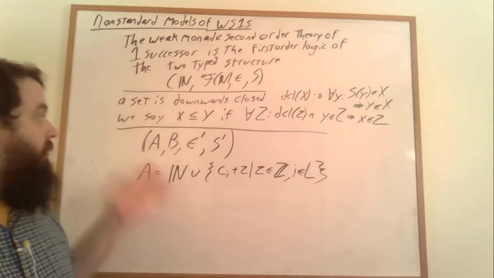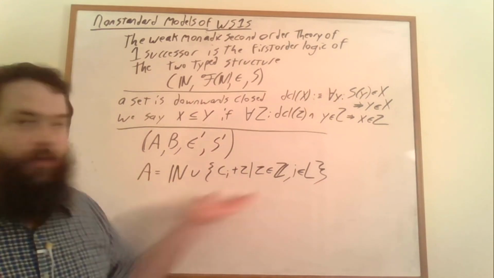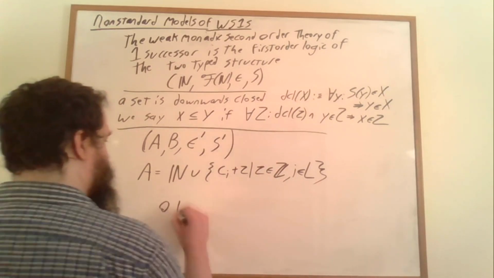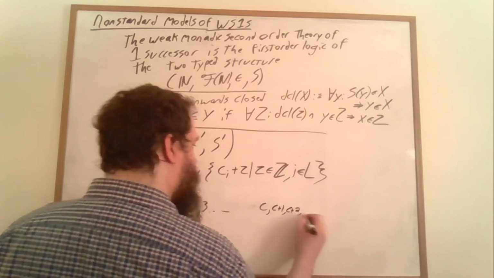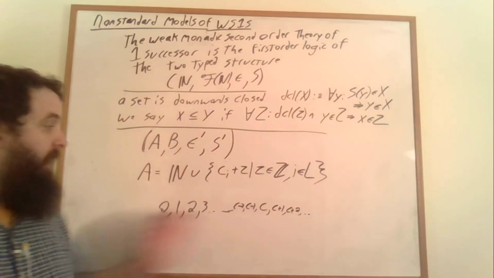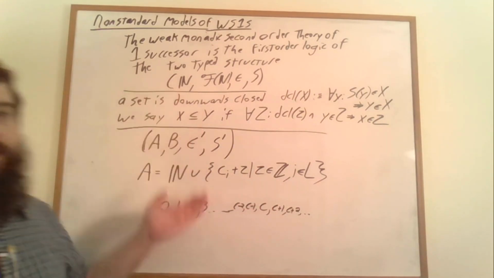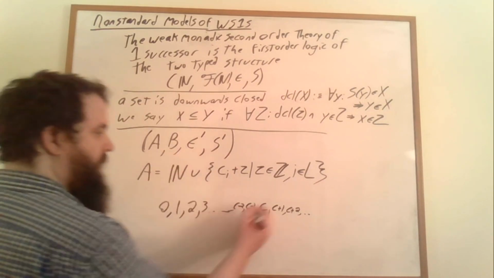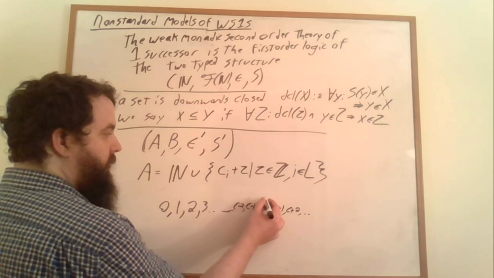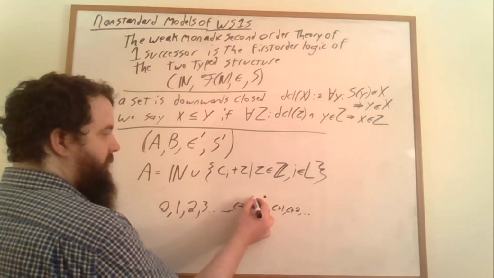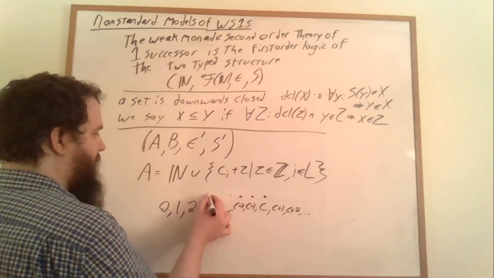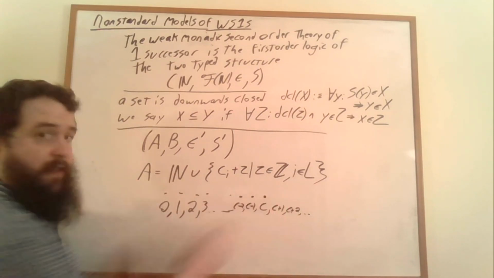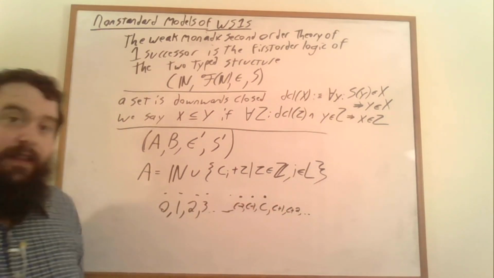On the other hand, within this structure, if we're looking at some sort of woozle that's non-standard, then in order to get this structure to satisfy all of the same formulas, there's going to have to be a set in our collection that corresponds to the set of all things that are less than C. It's going to have to contain all of these elements. And that's an infinite set.